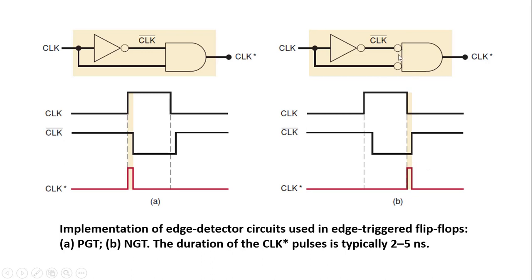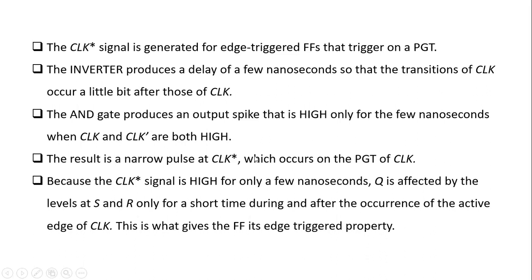As both inputs are inverted, for this clock star to be 1 we require that the outputs of these bubbles should be 1. Here only the clock is 0, so after the bubble this will be 1, and the clock bar after inversion will be 1. Both are 0, so after the bubble both will be 1. So at this point the clock star will be 1. So this is a small spike. That means this is activating only at the negative edge of the clock signal. So this is used for negative edge triggering, and the earlier one is used for positive edge triggering. So this is the explanation of this.